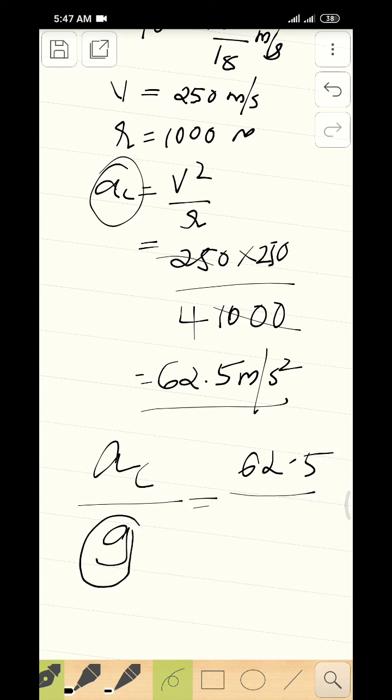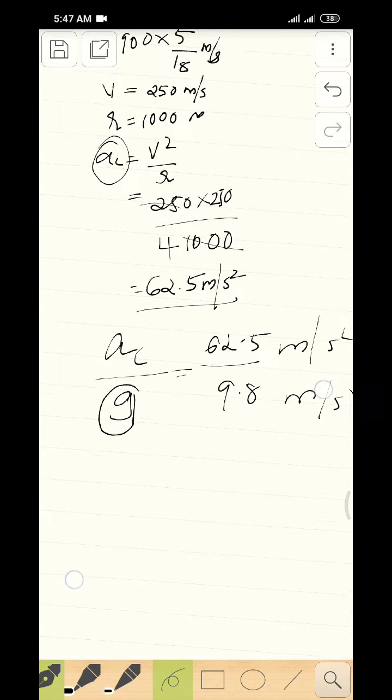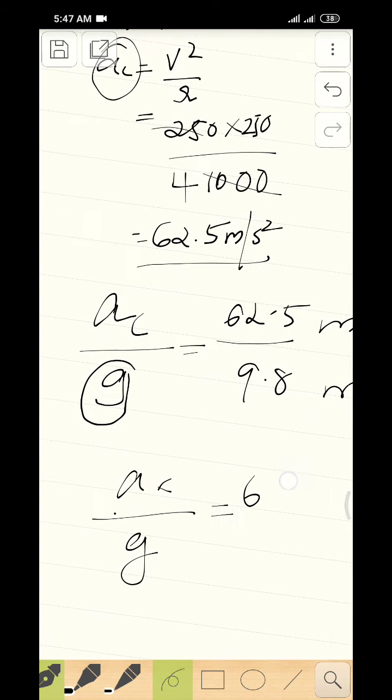As you are taking a ratio, you should consider the accurate value instead of taking 10. Both are in meter per second squared. So a_c by g is equal to 6.37.